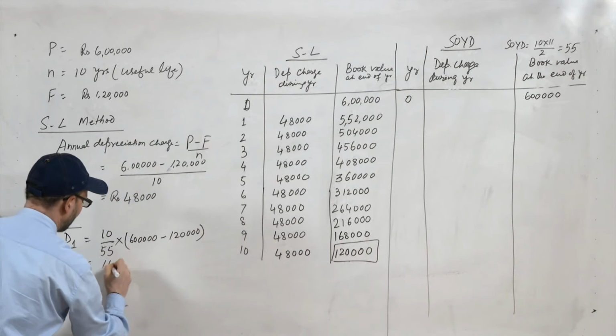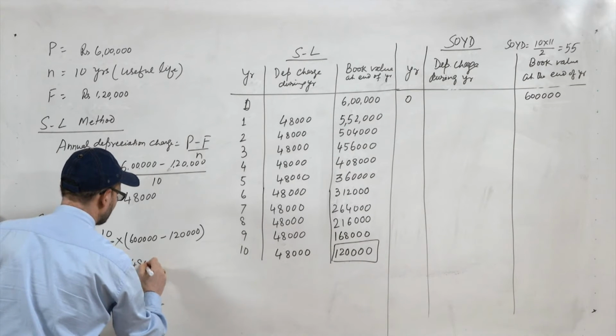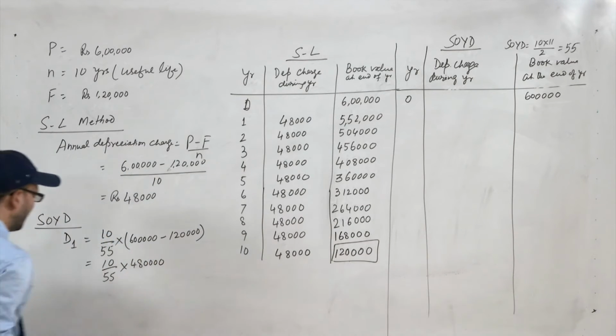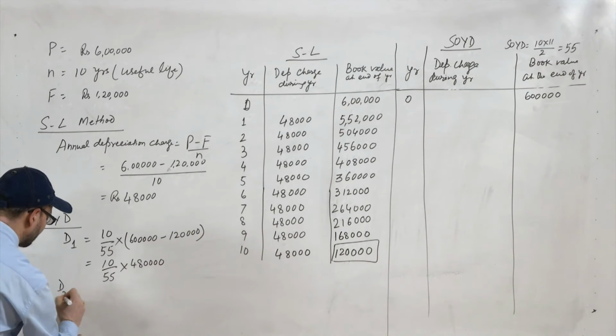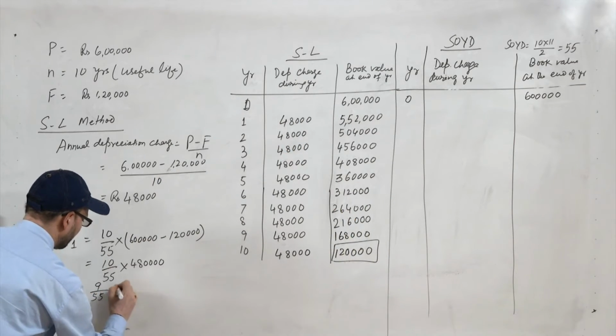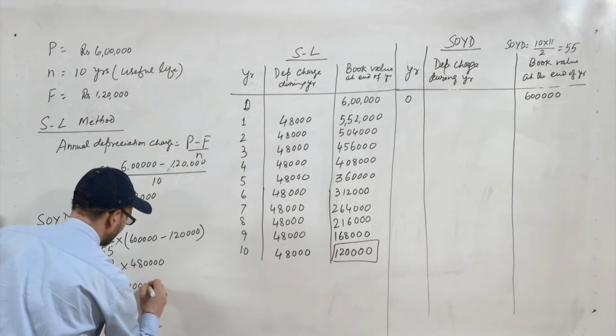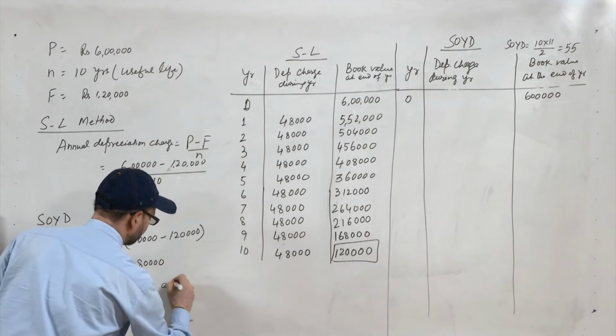So, it will be 10 by 55 into 4,80,000. Now, in the second year it will be 9 by 55 into 4,80,000, and so on.